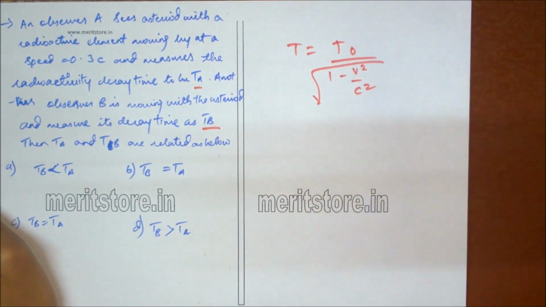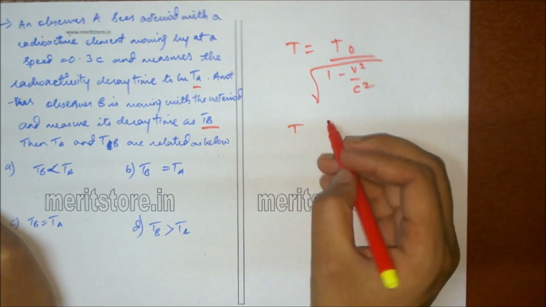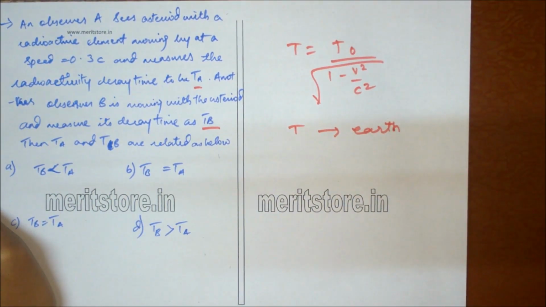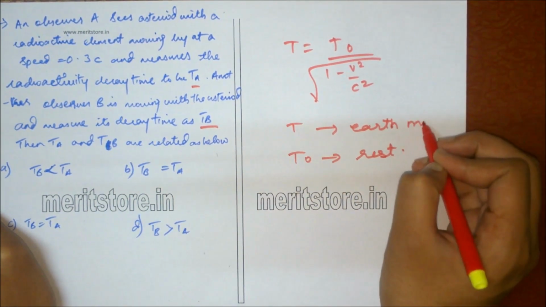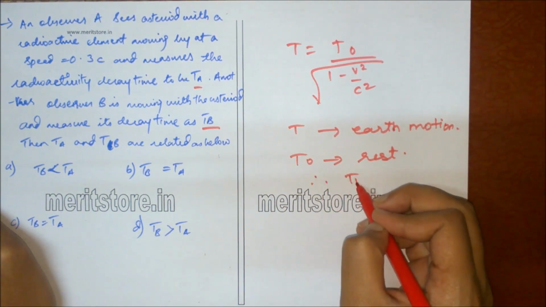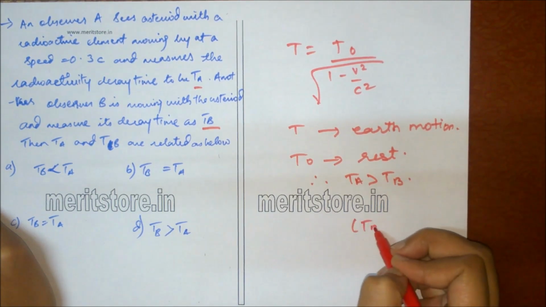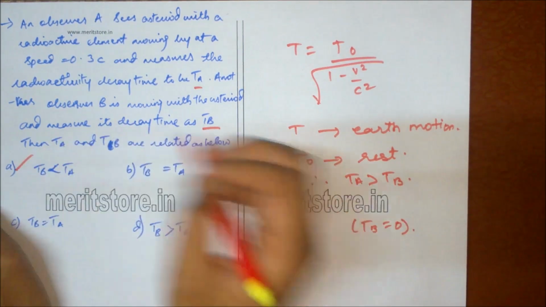Time T is the time observed by the person on the earth, in relative motion with respect to the asteroid, and T0 is measured by the person at rest. Therefore, Ta will be greater than Tb, where Tb is the proper time as the person is at rest. So option A is the correct answer.